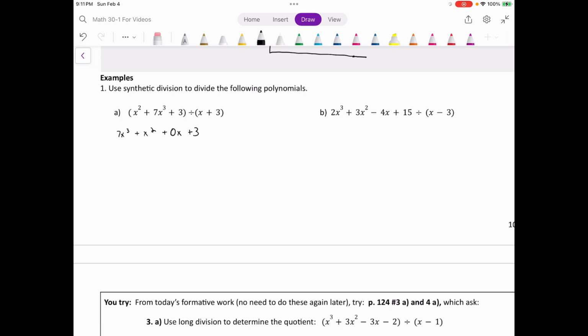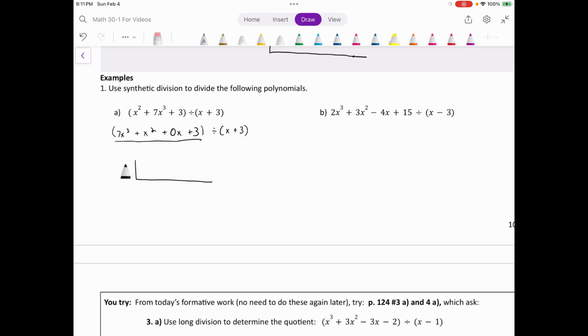Okay, that's in standard form with our zeros in for the terms that have coefficients of 0. So that's what we're really doing. And now we're ready to set up our synthetic division. So I'm going to go like this. Our x minus a is x plus 3.